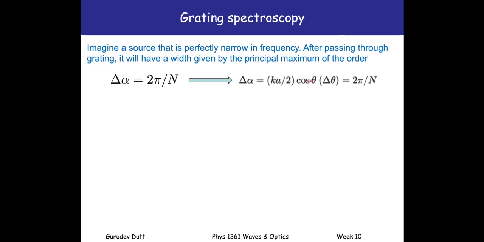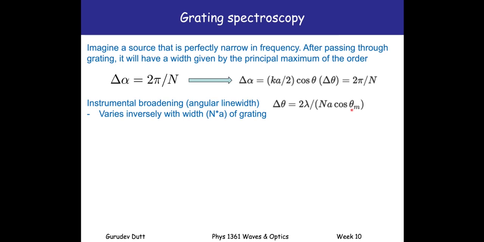So this is K a over 2 cosine theta delta theta, and we are setting that equal to 2 pi over N. And therefore, we arrive at what is called the instrumental broadened angular line width of a perfect narrow source. Even a single line coming out from a source will have some small angular broadening when it comes out of the grating. That angular broadening is delta theta equals this formula over here, 2 lambda divided by N a times cosine theta m.